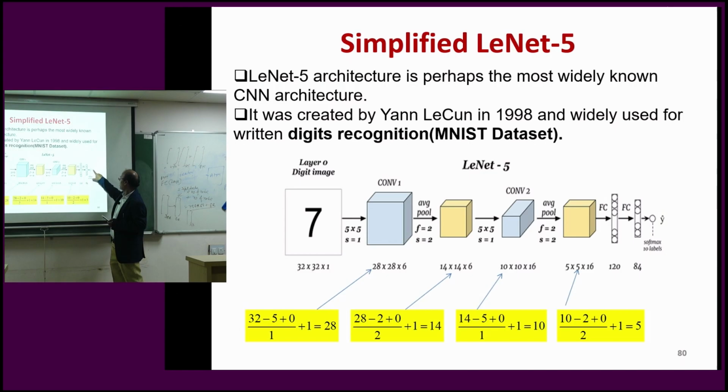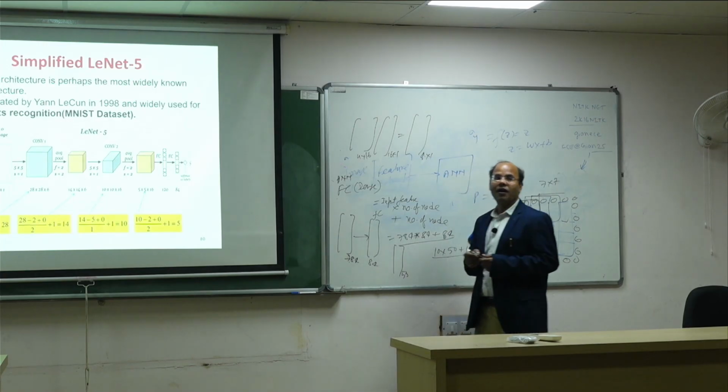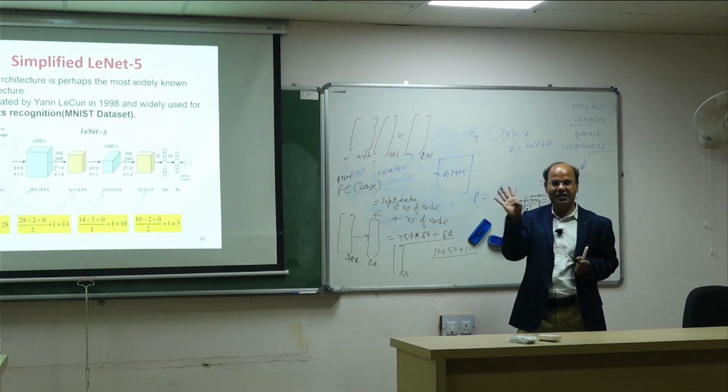Now the output layer is softmax. Here, for example, there are 10 labels. So 10 into 50 plus 10 will be the weights at the output layer, the final layer. Is that clear? Make sense?